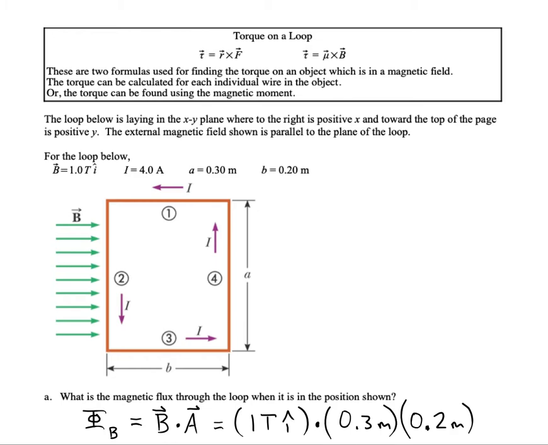The way we figure out the direction of the area vector is using that right-hand corkscrew rule. Imagine taking your fist and then curl your fingers around so that they're all curling this way in the direction of current through that loop. What'll happen is your thumb will point up.